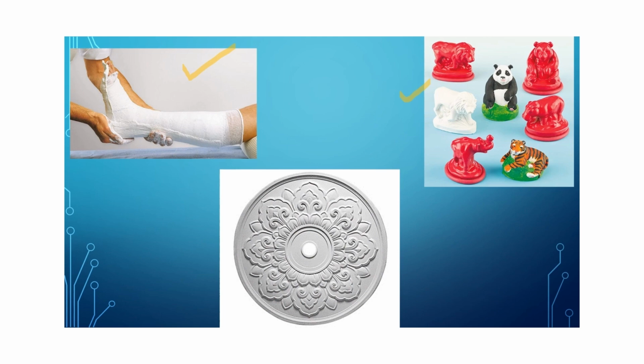Because they are light in weight. And this third picture is of a decorative piece used in the ceiling. This is made of POP, plaster of Paris. Yes, in short, plaster of Paris is known as POP. You can see this particular piece at your homes at the base of the ceiling fan.